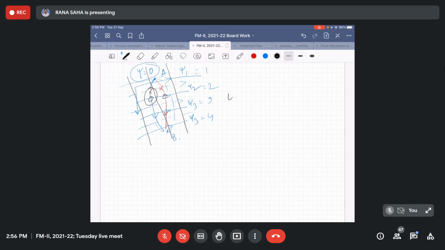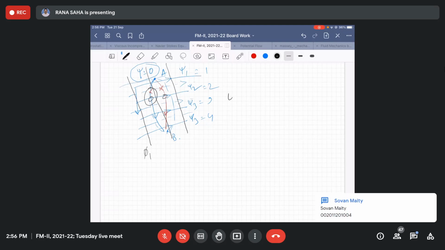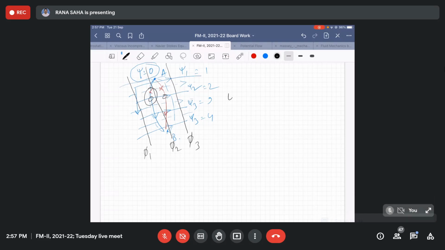So, like these streamlines, we can have velocity potential lines like this, a series of lines where you can have phi 1, phi 2, and phi 3, where the corner between the respective two lines, the streamlines and the equipotential lines, will be 90 degrees. That is because these two functions are perpendicular or orthogonal to each other.